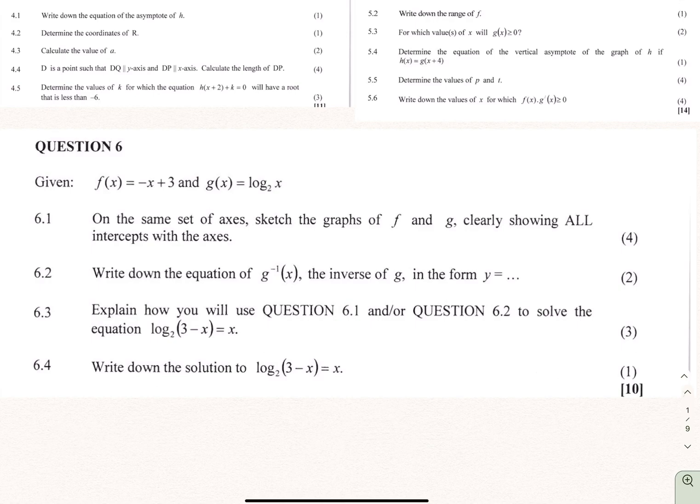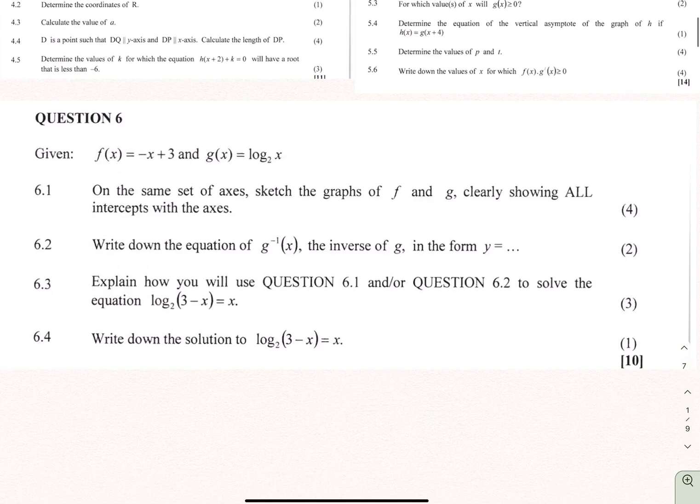Explain how you will use the first 2 questions to solve the equation log base 2 of (3 minus x) equals x.